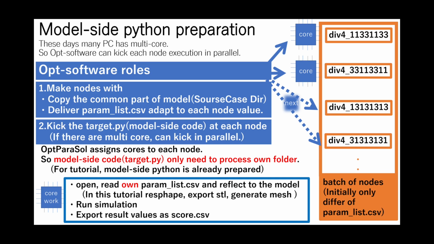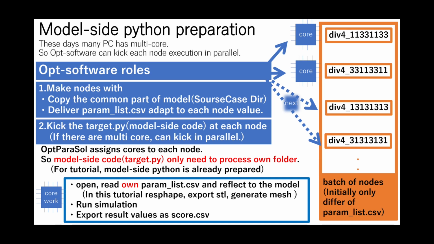Optimization software roles: make nodes, copy the common part of the model, deliver the parameter list CSV adapted to each node's values, and kick the target Python at each node. The optimization software assigns cores to each node. So, model-side code only needs to process its own folder.